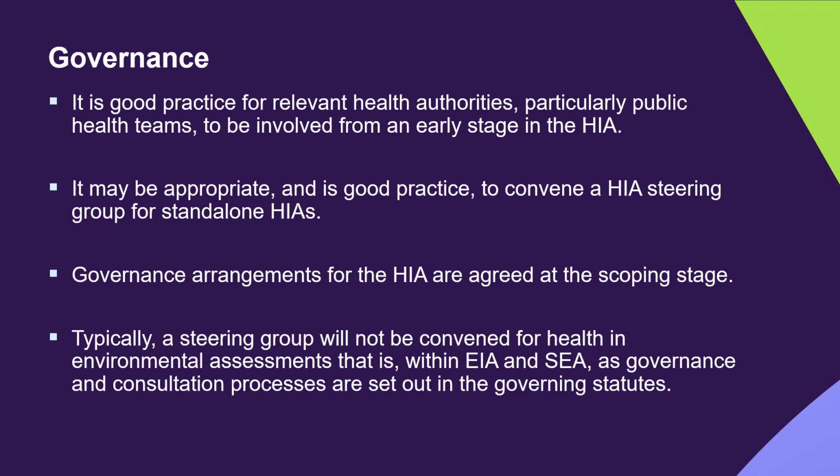Now, the terms of reference can include various things, and they can include the aims, the boundaries of the HIA, for example, that might be the geographical or the population scope. It'll also include the timescales of the health impact assessment. It'll highlight the stakeholders and key informants that are likely to be involved.